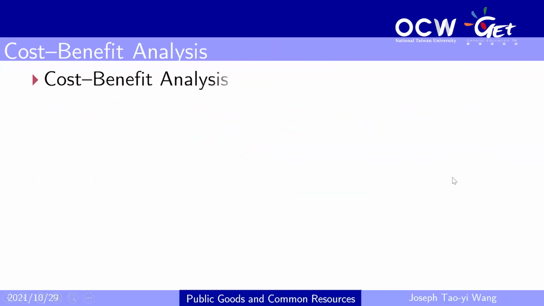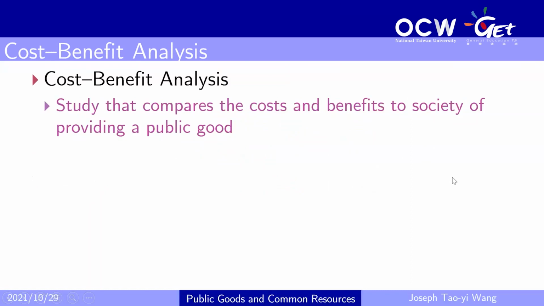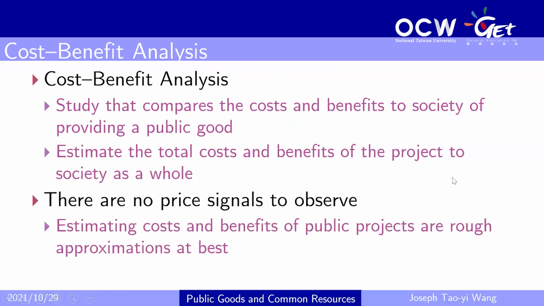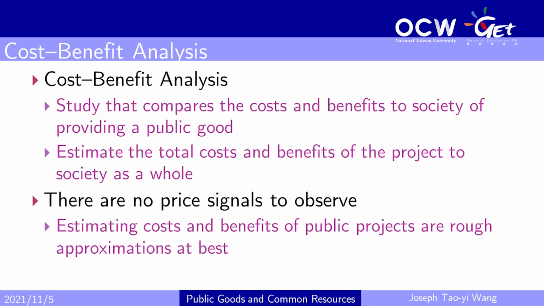So usually we use what we call cost-benefit analysis to compare the cost and the benefit to the society for providing these public goods. So you try to estimate the total cost and the total benefit for these projects to the society as a whole and decide, because the benefit exceeds the cost, let's build this project. But the problem here is that there's no price involved.